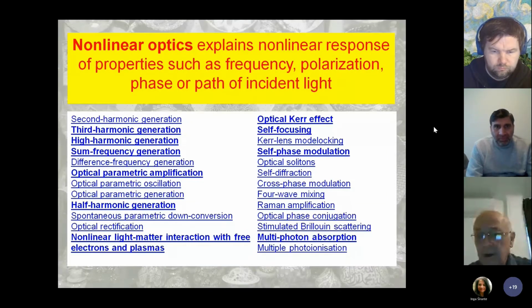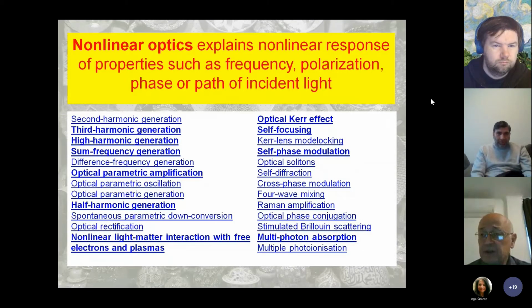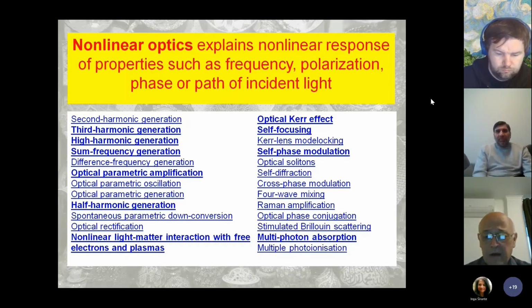Nonlinear optics is quite a broad field, and as I added here, this field of optics explains nonlinear response properties, which span a quite broad range of the characteristics of media, and it covers a huge range of effects, which I just marked there in blue.